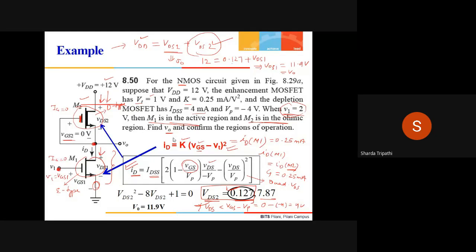Other than that, there is nothing new. All you have to do is just either use the standard equations for drain current or apply KVL to the circuit diagram. Or sometimes you may have to use the conditions and verify the region of operation. Any doubts?